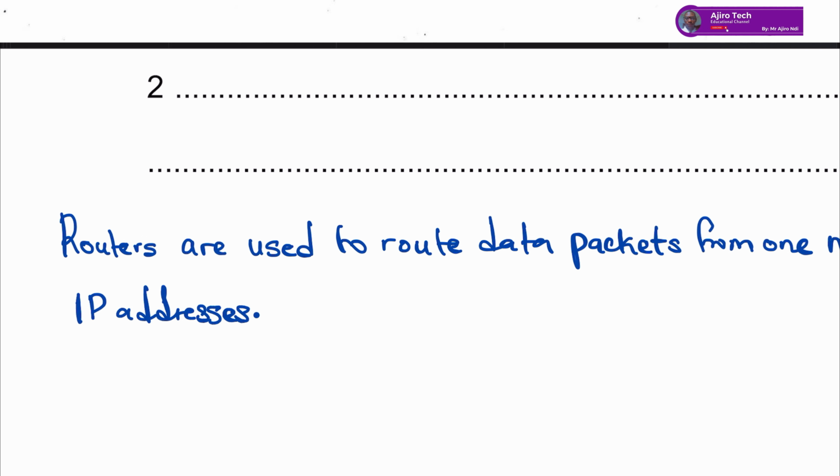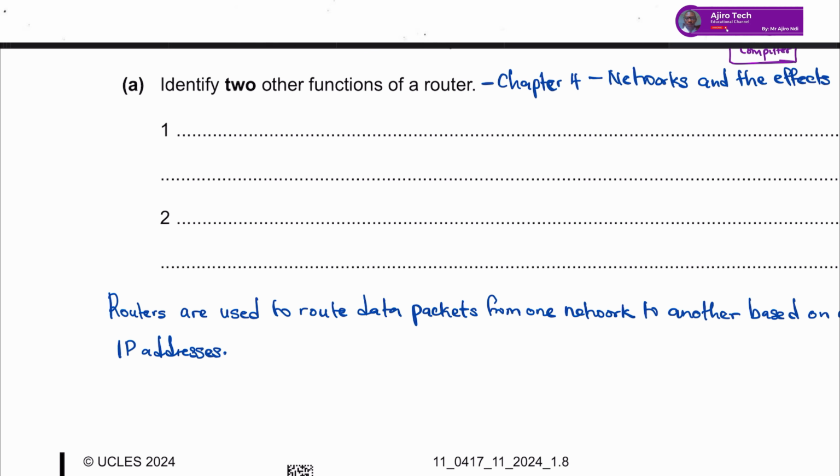This is very important. It does this because each router has its own IP address. Okay, it has its own what? IP address.